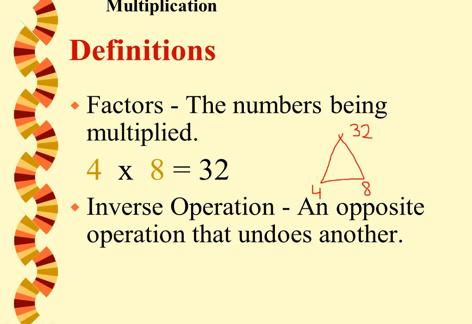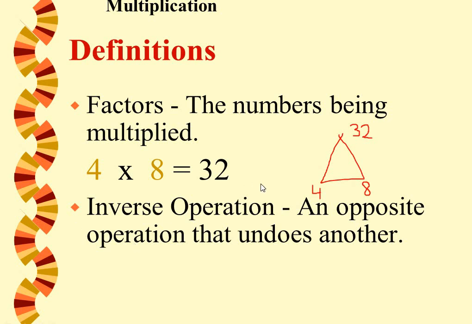On the base of the triangle we have 4 and 8, and at the top we have 32. Now you can notice that no other numbers can be seen in this family. These are the only 3 numbers that are members of this family.